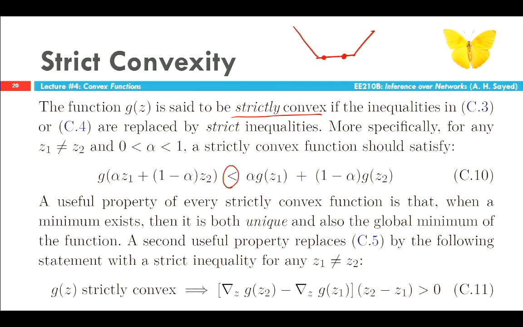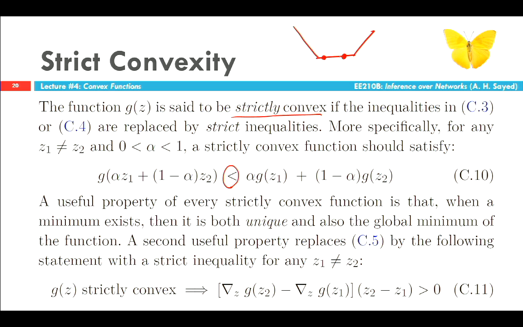What does strict convexity imply that's useful for us is that now if a minimum exists, it has to be unique. Before, for convex functions, you can have multiple global minima. For example, this function here has infinitely many global minima.